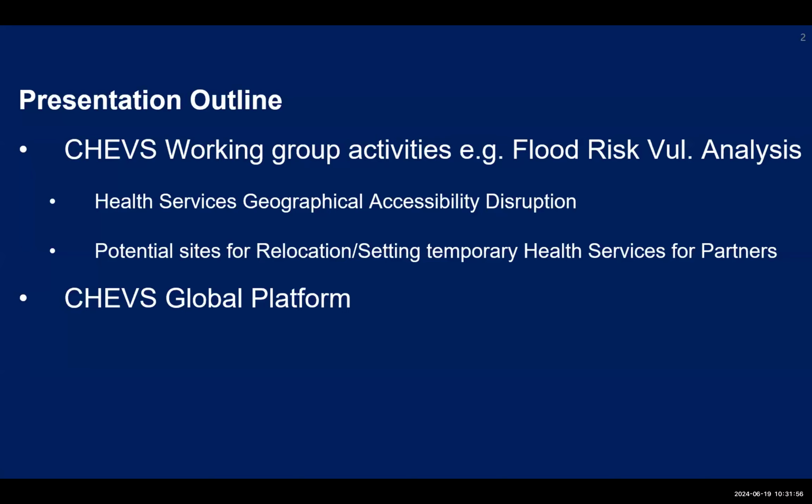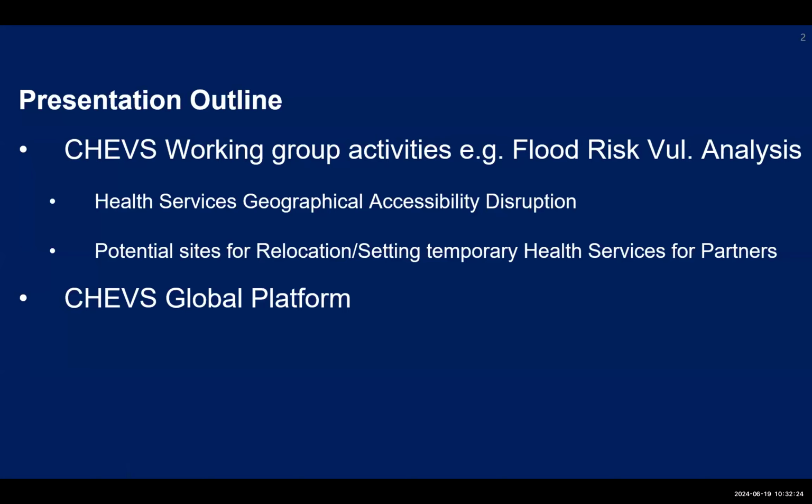So in terms of presentation outline, I will dive deep into some of the work activities we've done related to flood risk vulnerability assessment of health facilities, and touch briefly on the work around health service geographical accessibility disruption due to potential flooding in South Sudan and Somalia.